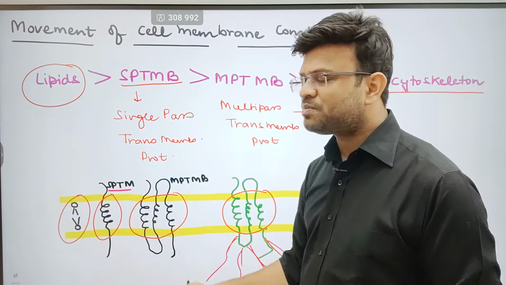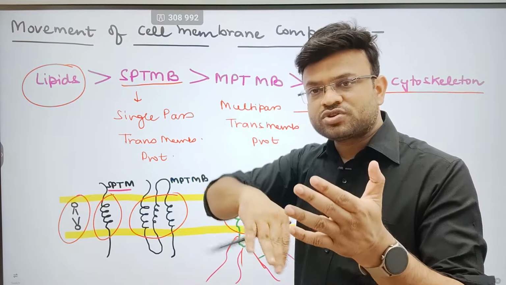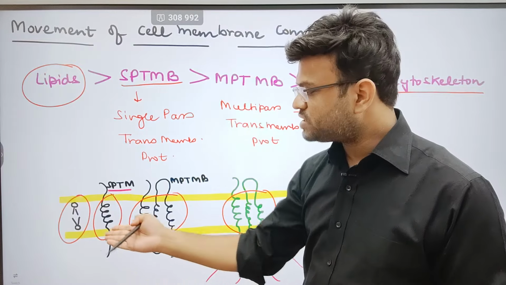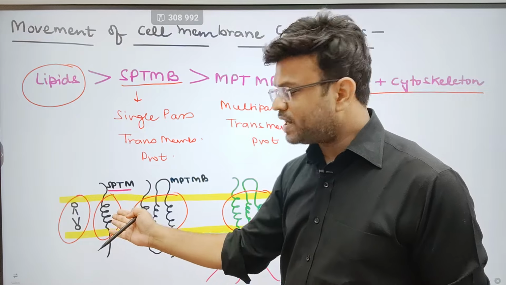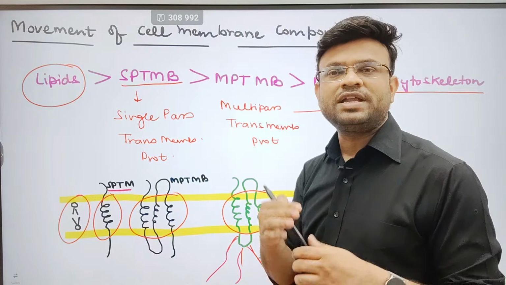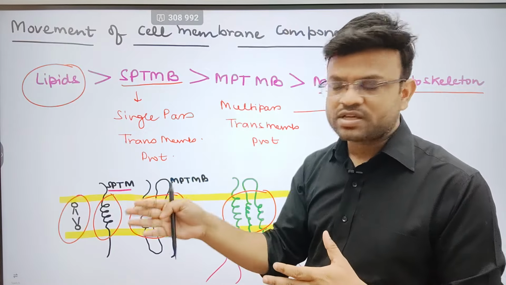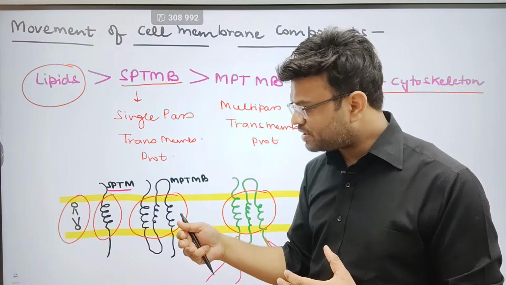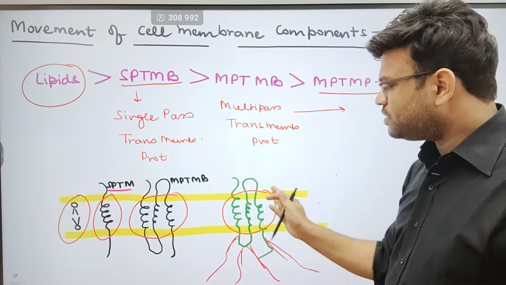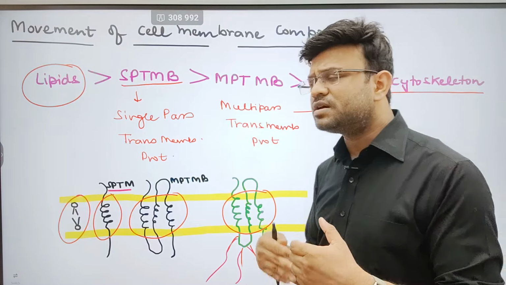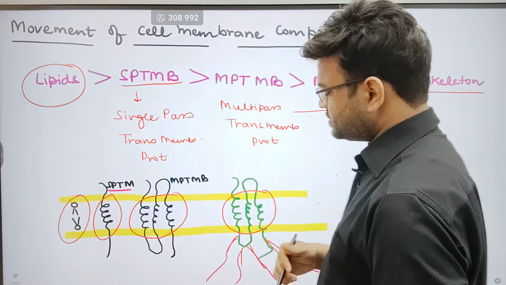Single pass transmembrane protein, because it is not connected with anything else and is not showing multiple passes, will obviously be comparatively free to move, so it will be the next one to be mobile. The third one would be multi-pass transmembrane protein. It is crossing the plasma membrane multiple times, so it has reduced mobility. But the final one, or the least mobile one, would be the multi-pass transmembrane proteins which are connected with the cytoskeleton, right?